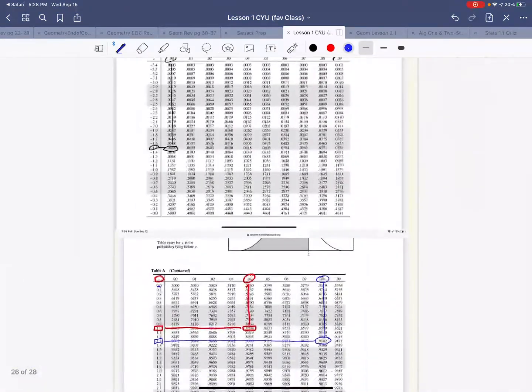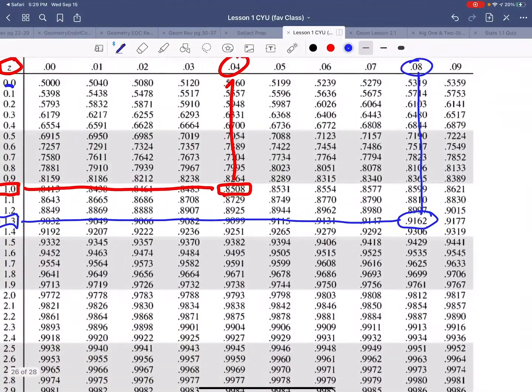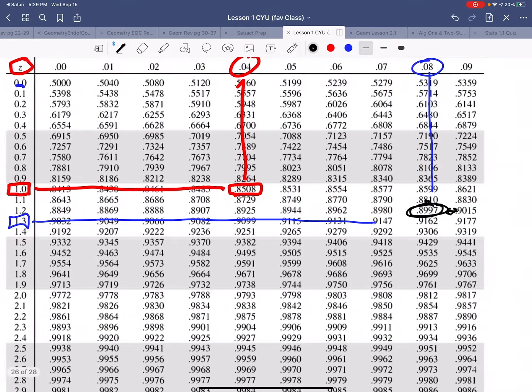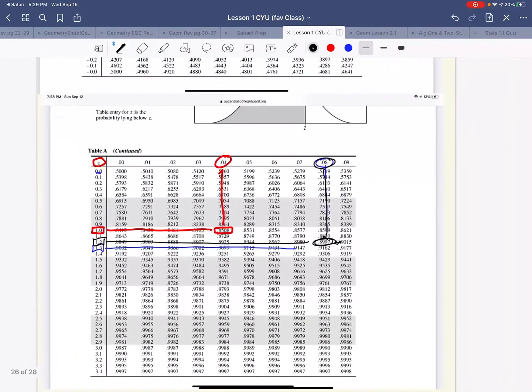So let's do that. Looking for the number 0.9. I think this number is really close to 0.9. I could use either one of these. I'm going to use this one. So it looks like it's the z-score 1.28.